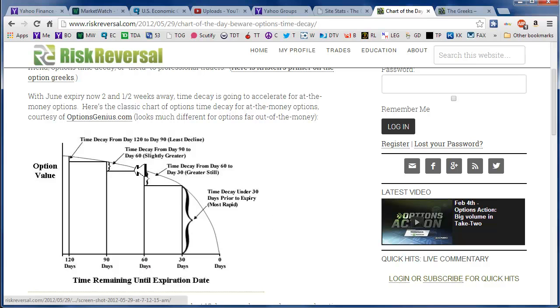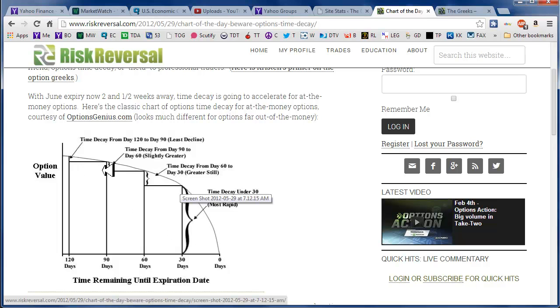The next 30 days, or 60 days to expiration, it drops a little bit more. But at 30 days before expiration, you can see here that it's starting to lose its value pretty rapidly. And then in the final 30 days, it goes from approximately 70% of the value down to 0.